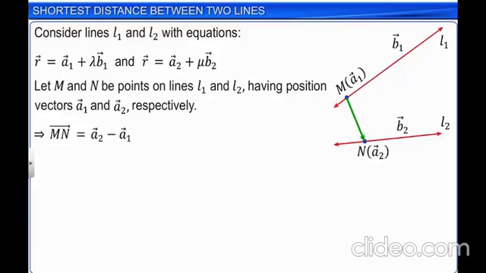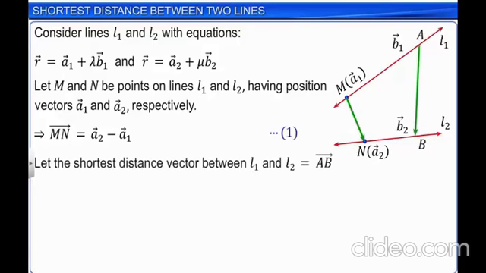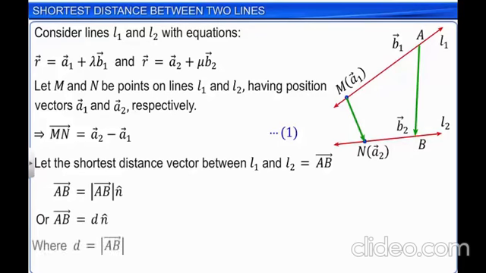Let this be equation 1. Let vector AB represent the shortest distance vector between lines L1 and L2. Let the shortest distance between lines L1 and L2, or the magnitude of vector AB, be d. Thus vector AB is equal to d into unit vector n in the direction of vector AB.